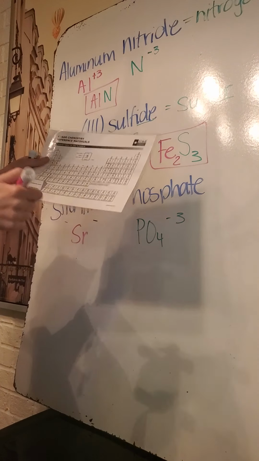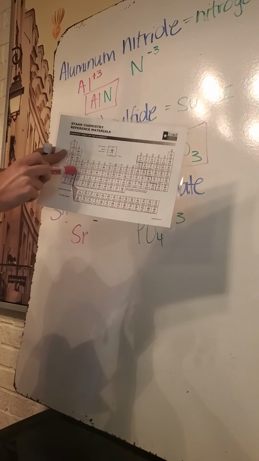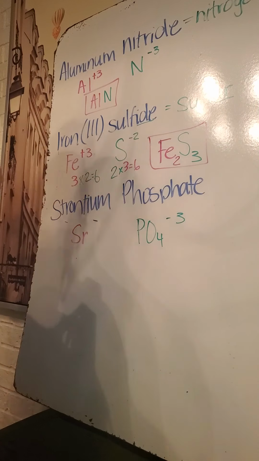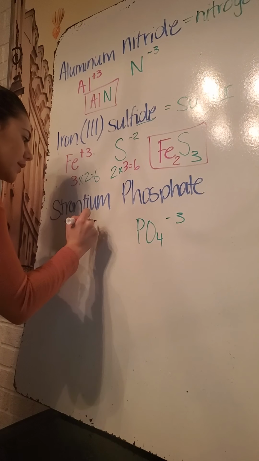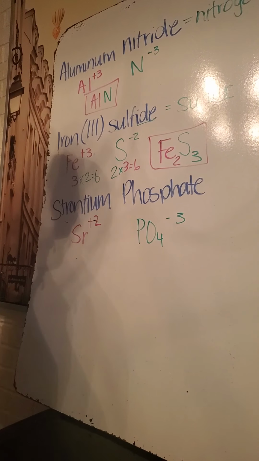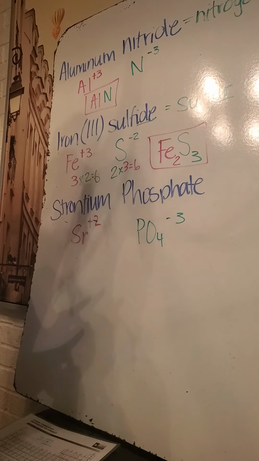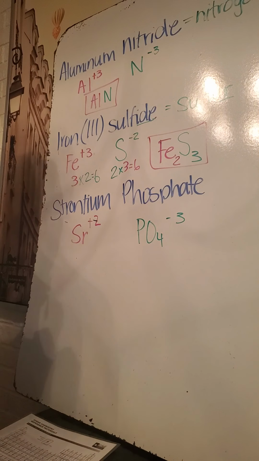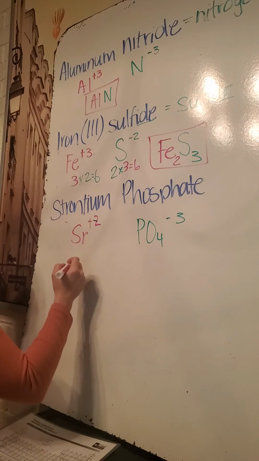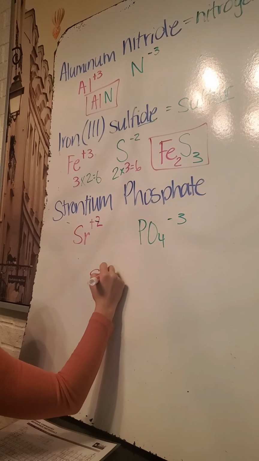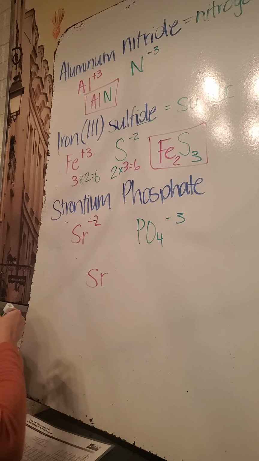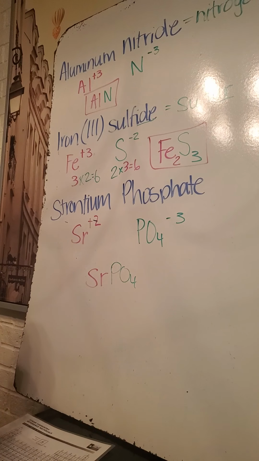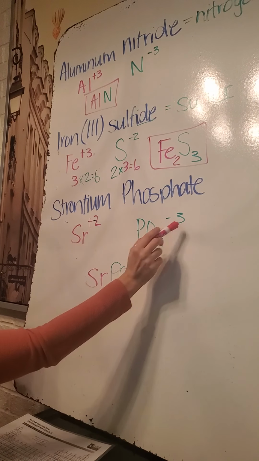Strontium, we're just going to come onto the periodic table and find strontium. It's right here in group 2, so that means that it has a +2 charge. Just like we did before, we're going to write it down: strontium, phosphate, and then we're coming back to these charges.